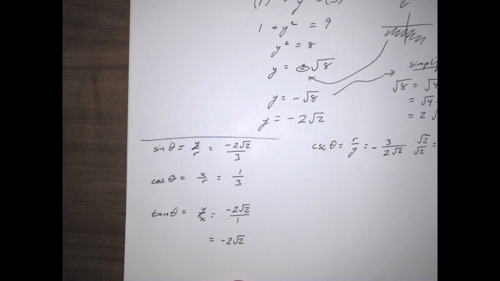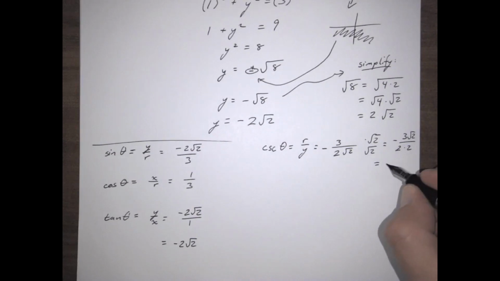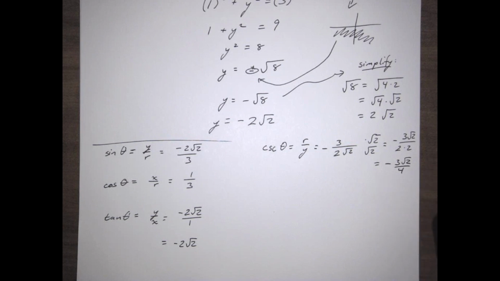And what do we have? We have negative 3 root 2 over 2 times 2. So 2 times root 4, which is 2 times 2. Oops, sorry. And now that's going to be negative 3 root 2 over a total of 4.